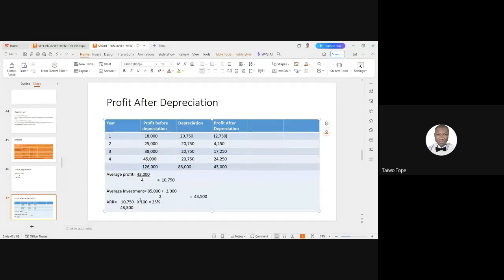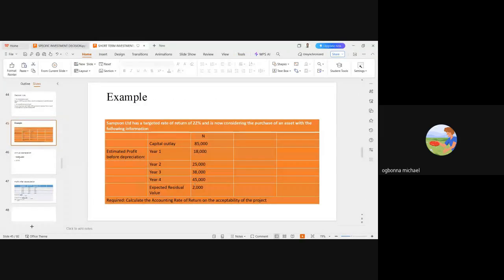So comparing these results with the target of the organization, 22%, what would be your advice?